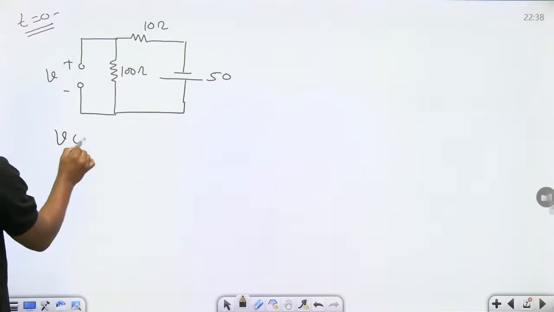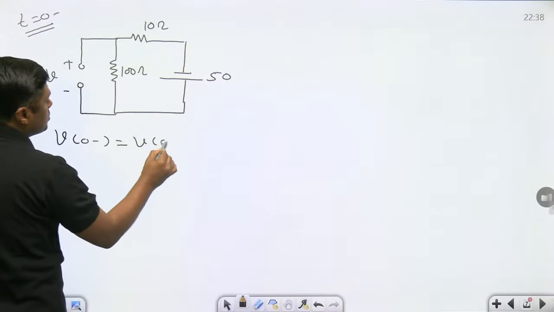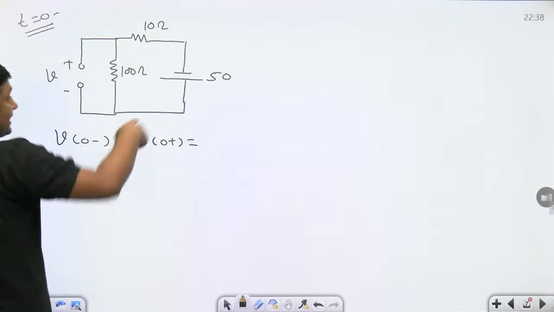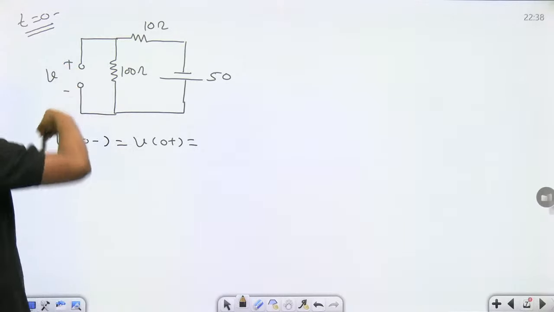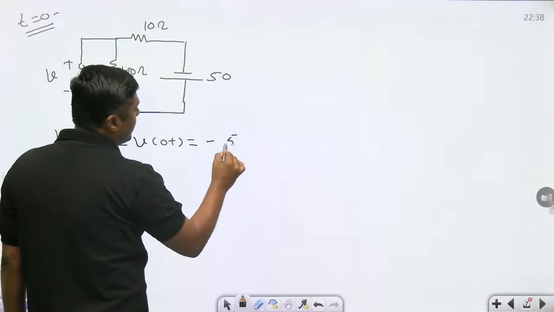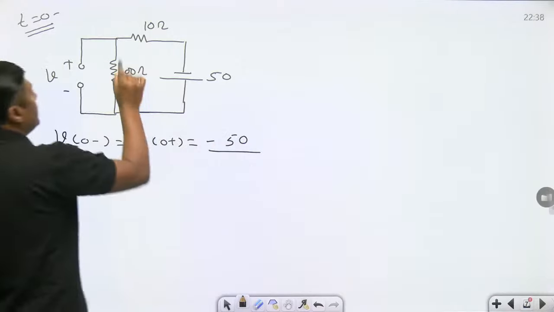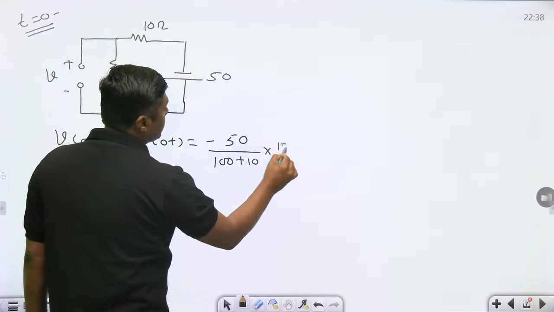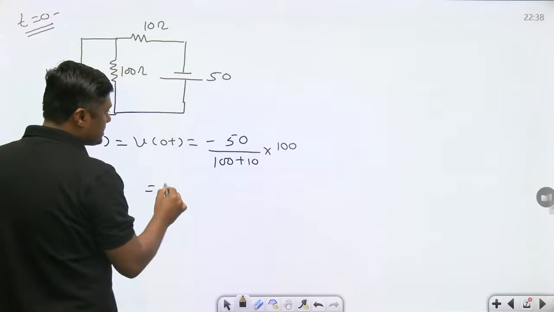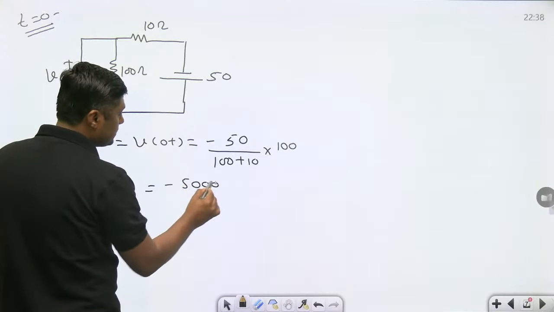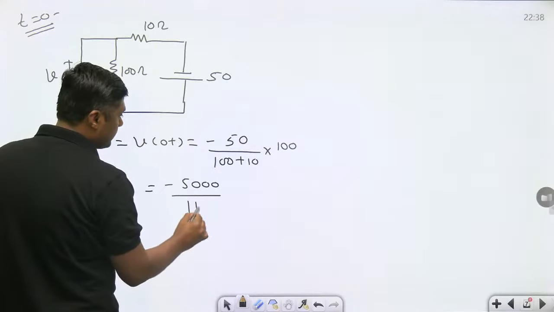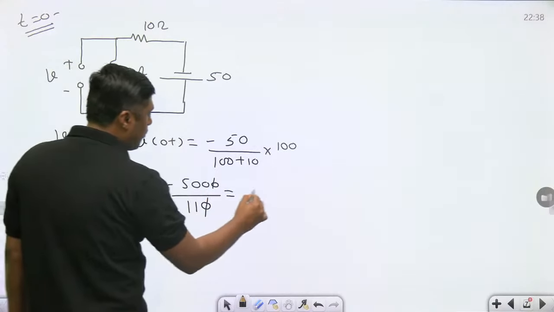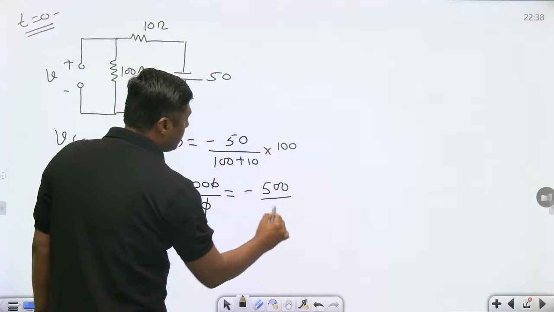So V0 negative is equal to V0 positive, and that is a negative value because of the polarity plus minus. So it will become minus 50 upon 100 plus 10, into 100. That will be minus 5000 divided by 110, which is minus 500 by 11.